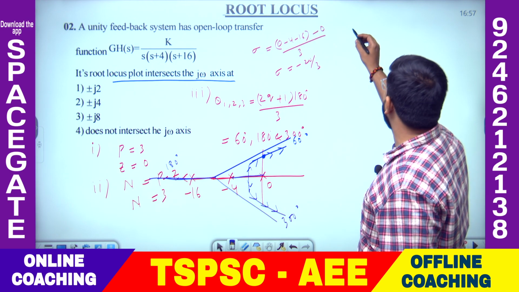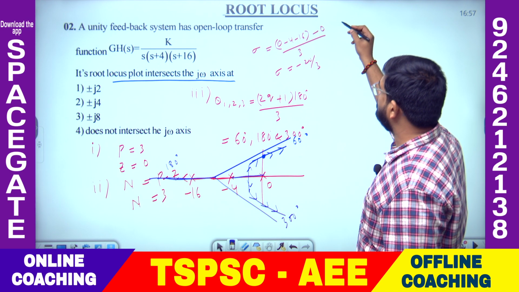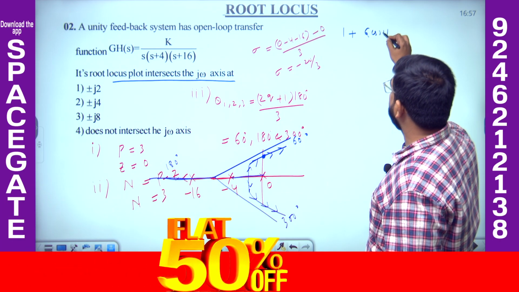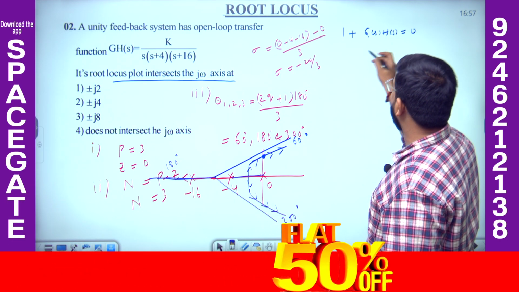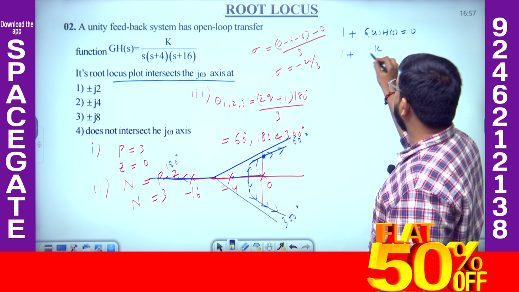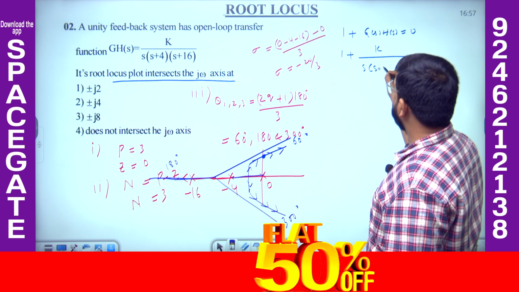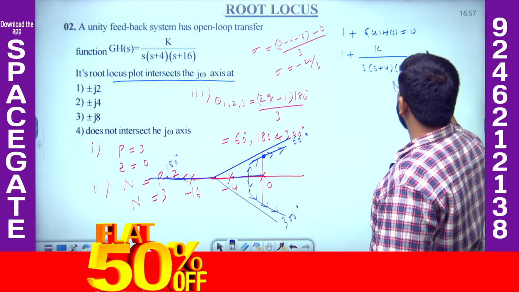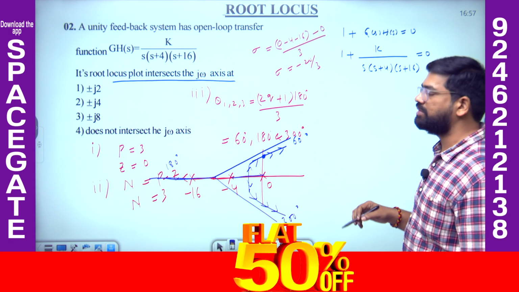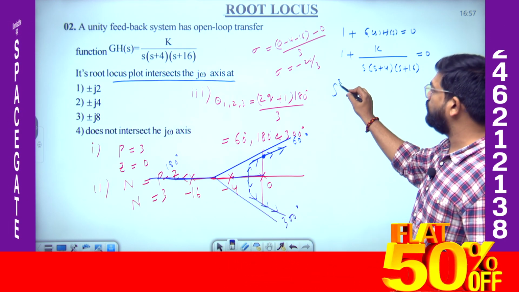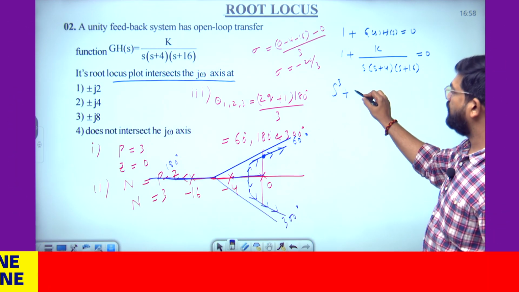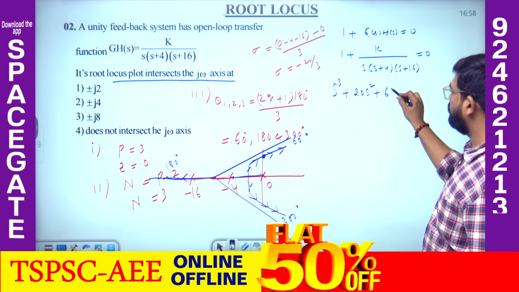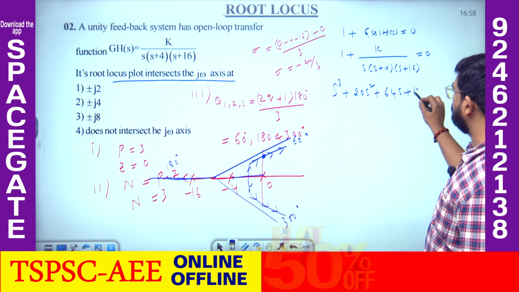Definitely we should follow the characteristic equation, that is 1 plus G of s H of s is equal to 0. If you follow that, 1 plus k by s into (s plus 4) into (s plus 16). If you further simplify this entire characteristic equation, we will get s cube plus 20 s square plus 64 s plus k is equal to 0.